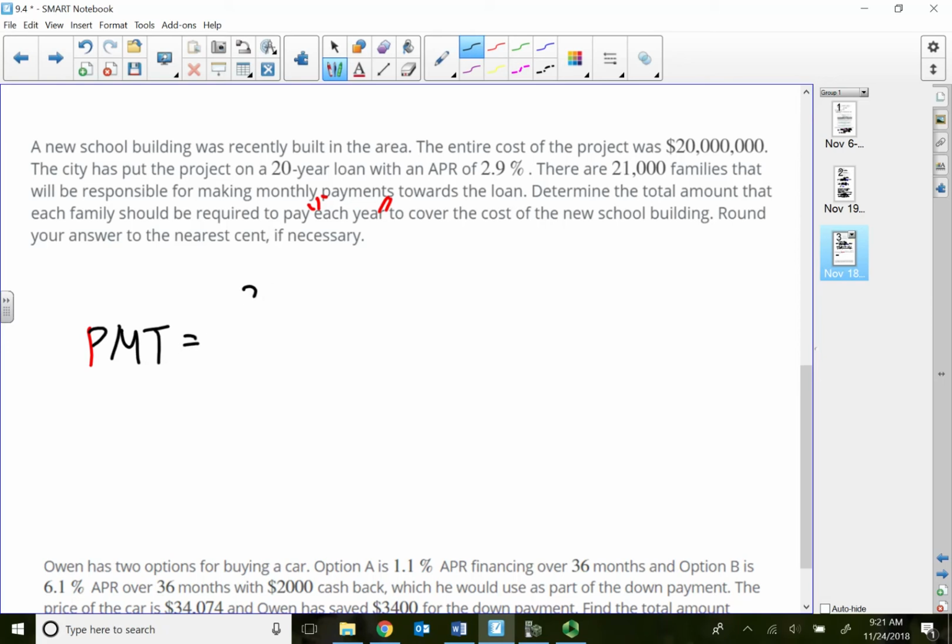So we take 20 million times r, which is 0.029 divided by 12. Let's do this monthly.